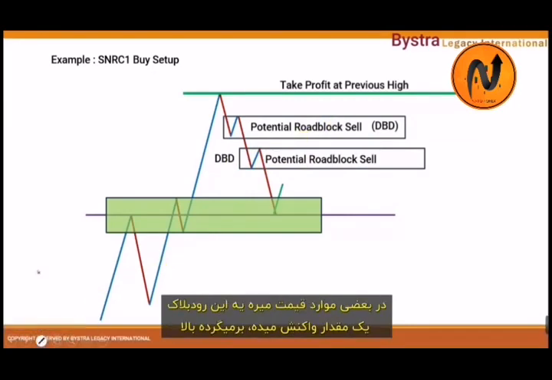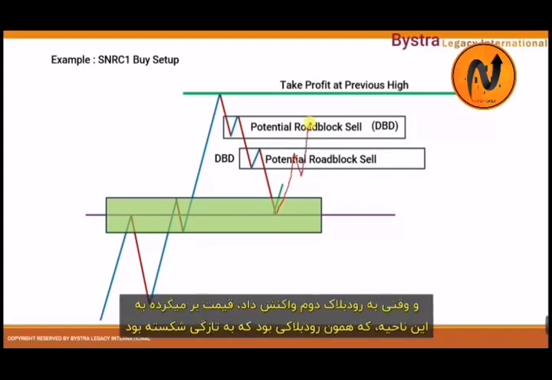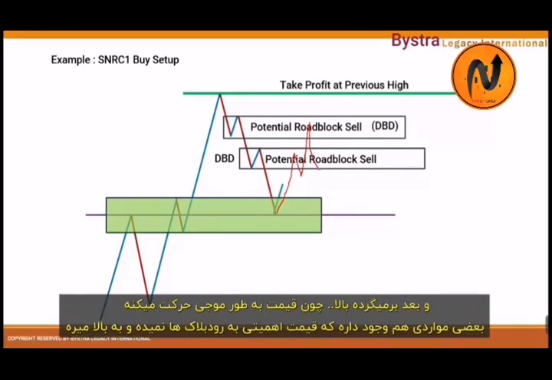In certain cases, the price will sometimes go to this roadblock, react a little, go back up, and then react on this second roadblock. Price comes back to this area, which is the roadblock that it just broke, and goes back up, because price moves in waves. There are even certain cases where price doesn't respect the roadblock and goes up.